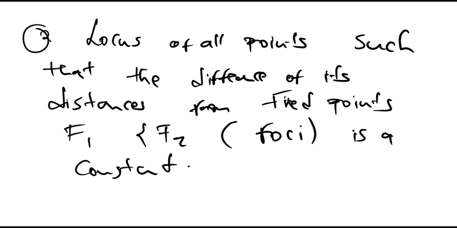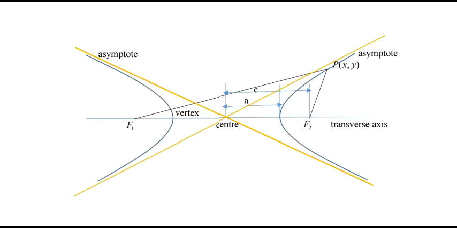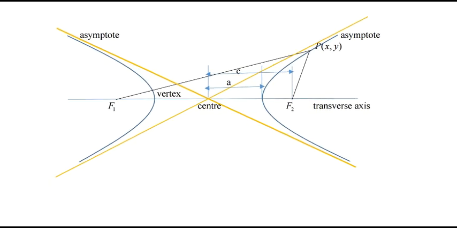Okay, now using this diagram here, this is just a summary of what I've talked about. So far, I've said there are two asymptotes that actually meet at the center. The center is the midpoint of the transverse axis, which cuts the foci f1 and f2. The transverse axis also cuts the vertices. I did mention that. And then this is a demonstration of what a hyperbola is.